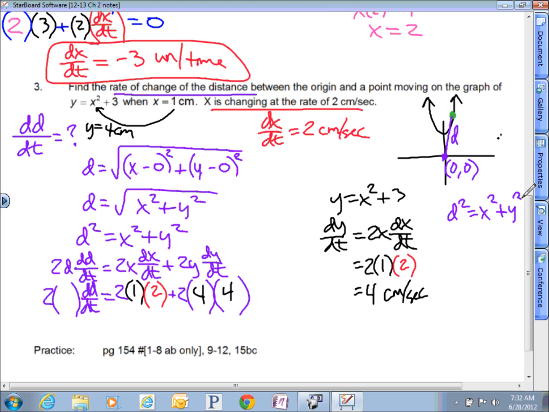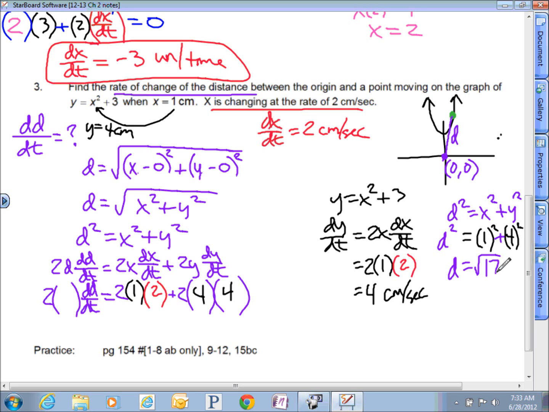Well, if x is given to be 1, and y, we found out, was 4, then we should be able to come up with what d is. 1 squared plus 4 squared, so d, I think, is going to come out to be the square root of 17 under those conditions, centimeters.